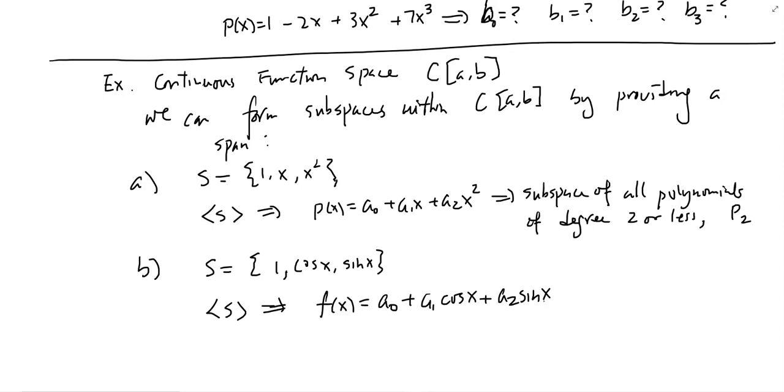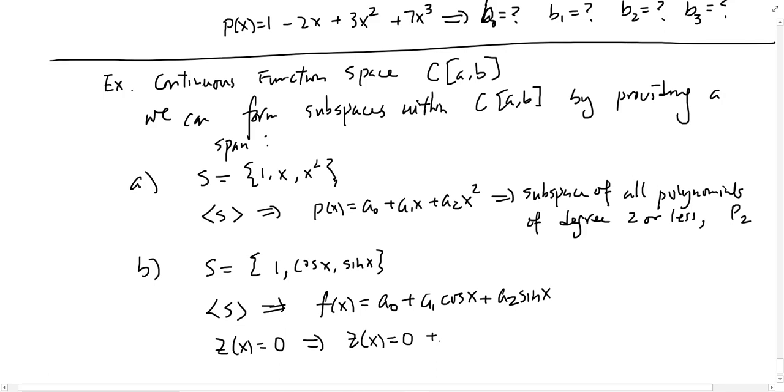Is that a surprise? No, because the 0 element here is essentially the same thing as the 0 vector in R3. The function z of x equal to 0 means z of x is 0 plus 0 cosine x plus 0 sine x, essentially the same thing as the 0, 0, 0 vector in R3. That's how the 0 element works.